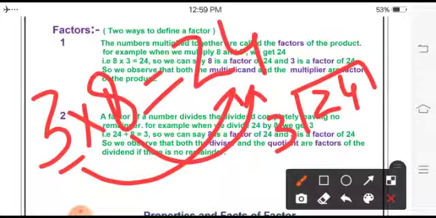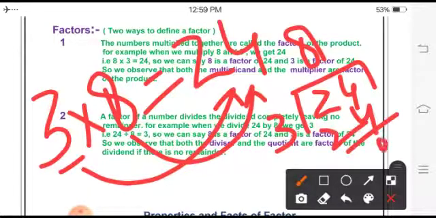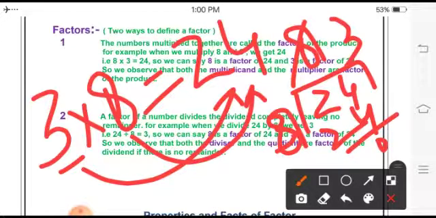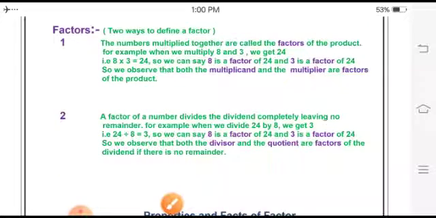If you divide 24 by 3, you get 0 remainder. If you divide it by 8, you again get 0 remainder in both cases. So this is the definition of a factor: whenever a factor of a number divides it, it leaves remainder 0. In other words, we can say that it divides the number exactly.